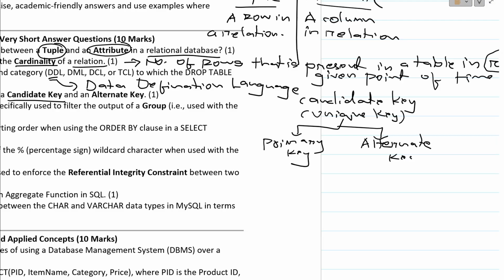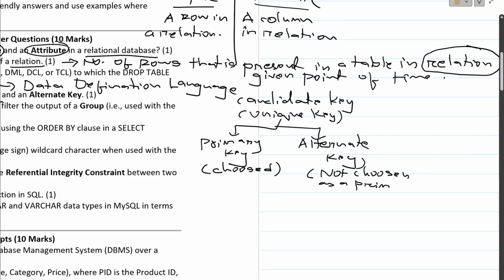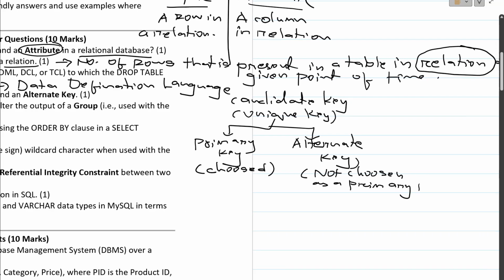From the potential unique keys, whatever we have chosen is said to be the primary key, and whatever unique keys are not chosen as a primary key are said to be alternate keys.